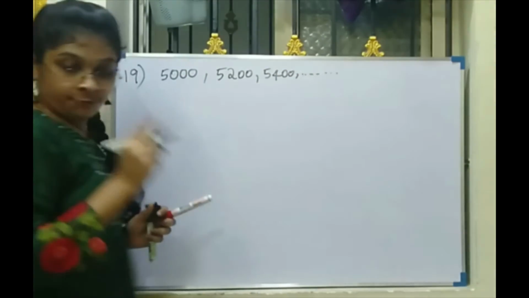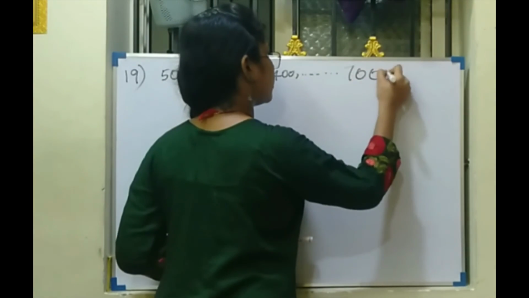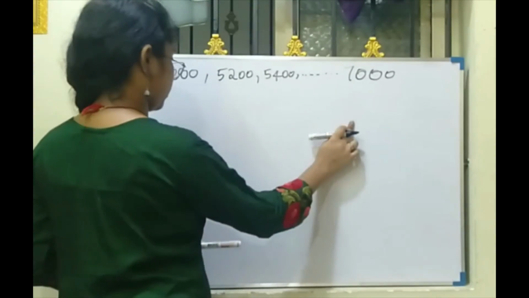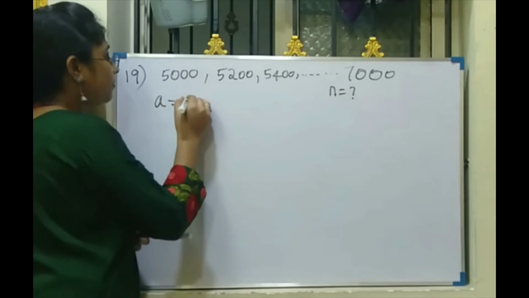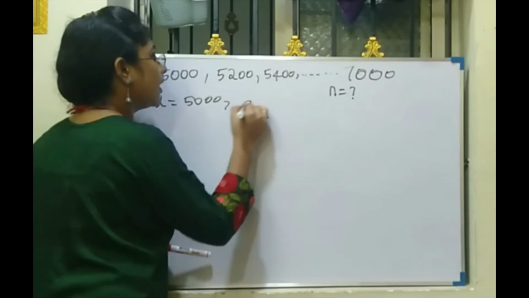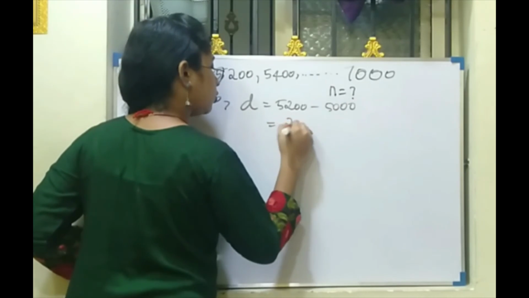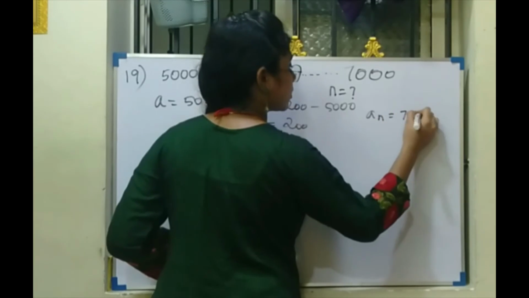And they are asked in which year he will reach the value of rupees 7,000. So we have to find number of years, that is the value of n. So we know the value of A, which is equal to 5,000, D is equal to 200 and AN is equal to 7,000.